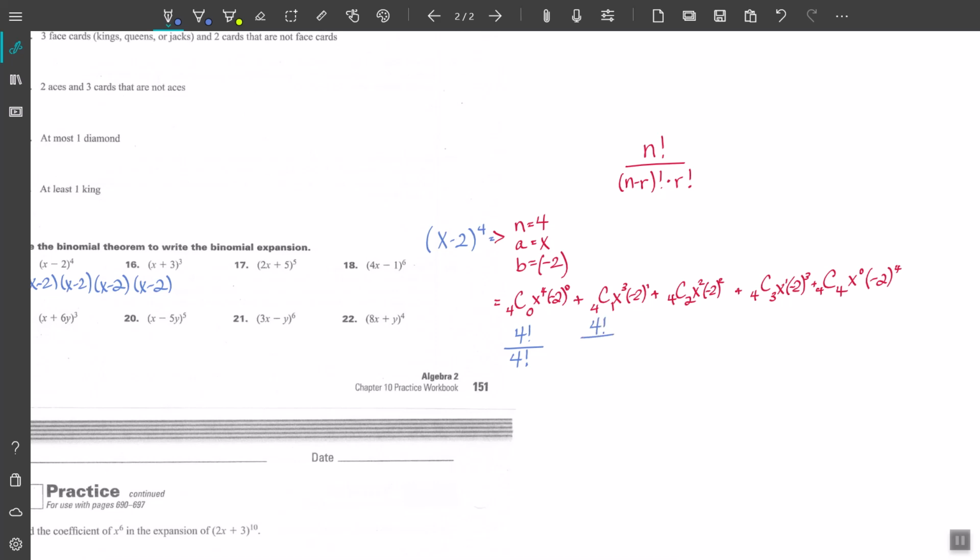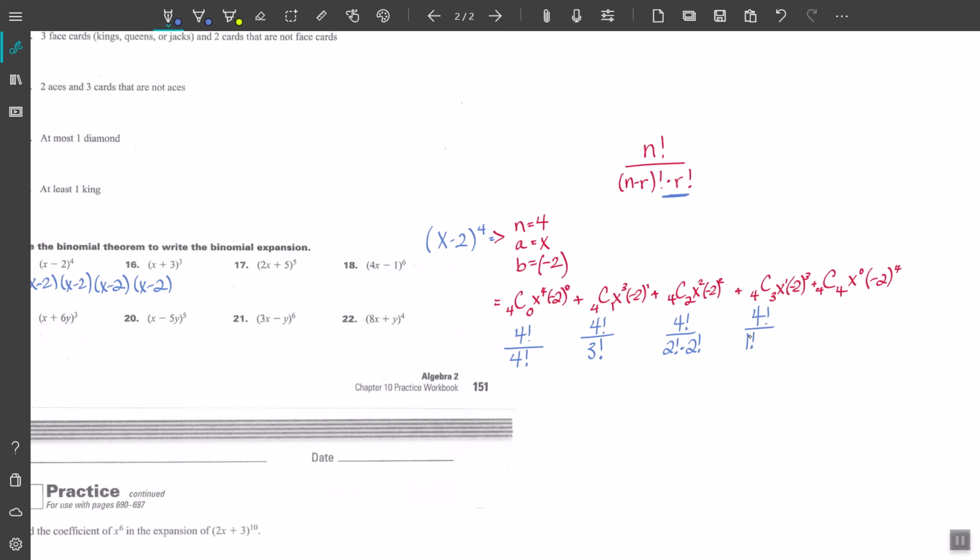Term 2 will look like this. Again, I'm not going to write in the 1 factorial, even though technically I'm supposed to because of this R factorial symbol up here, but 1 factorial is going to be 1, so I'm not going to bother to do that. 4 factorial over 4 minus 2 factorial times the R value of 2 factorial. 4 factorial over 4 minus 3 factorial, which is 1 factorial.